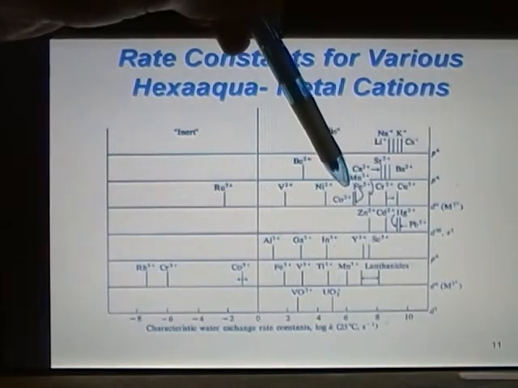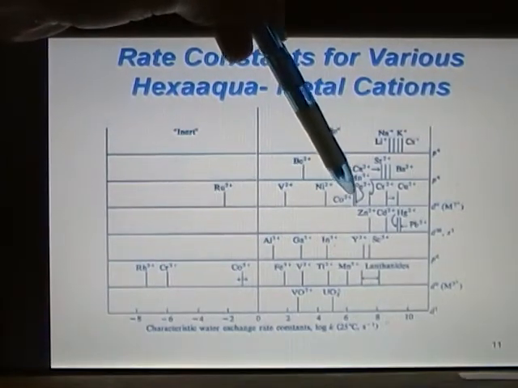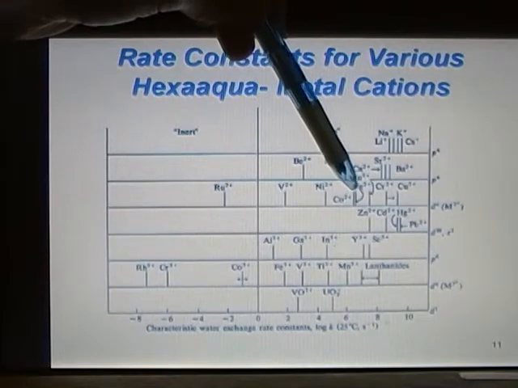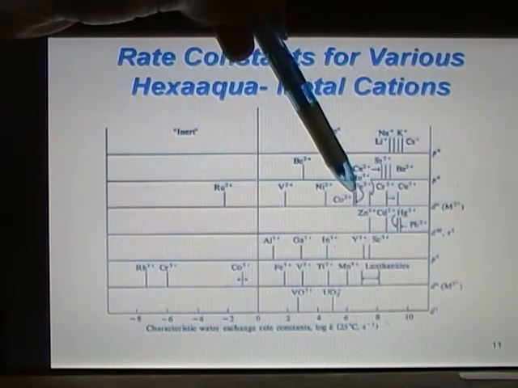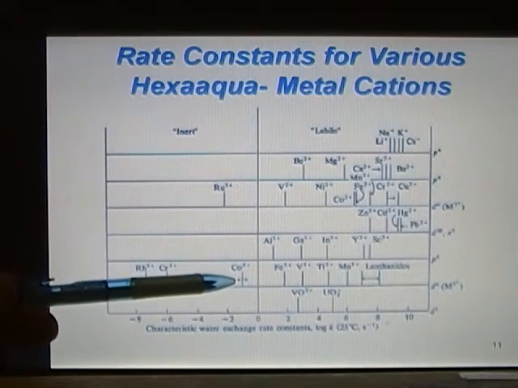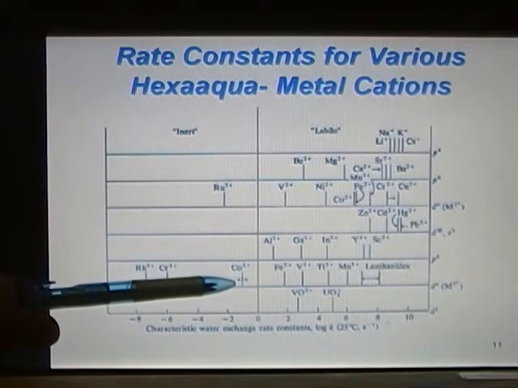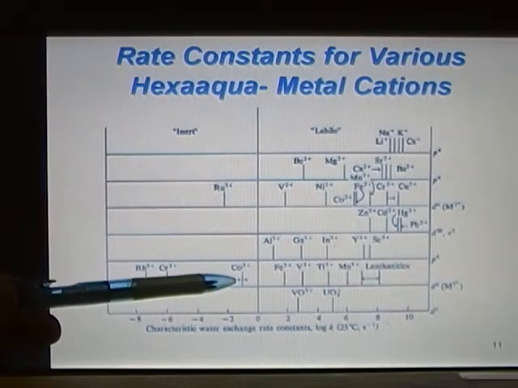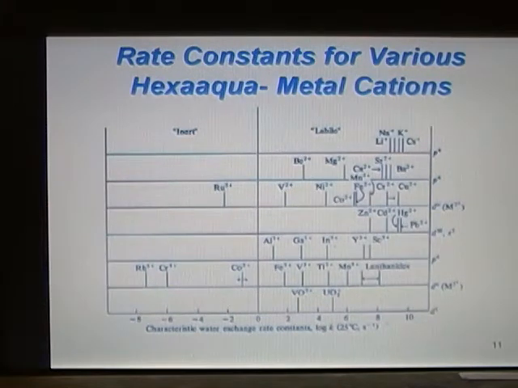You can also see that with cobalt 2+, which has a log of the rate constant equal to about 6. Cobalt 3+ is considered inert, with a log of the rate constant equal to about -2. You can also look at chromium.